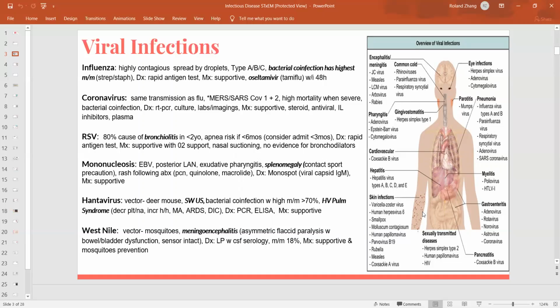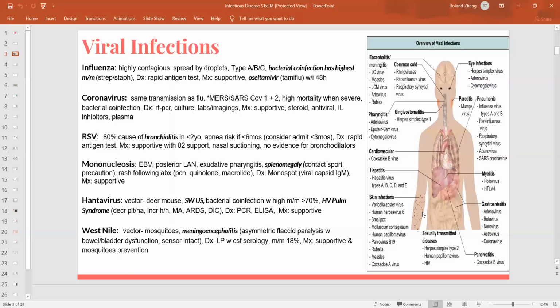Influenza and coronavirus are highly contagious, spread by droplets or fomites, which are on surfaces. With the flu itself, there's type A, B, and C, and bacterial co-infection has the highest mortality, especially with strep and staph co-infection. Treatment is generally supportive.